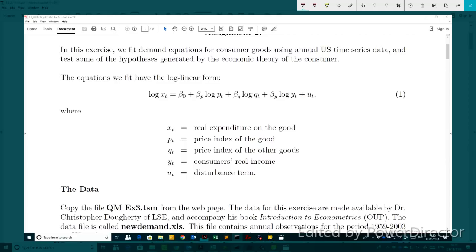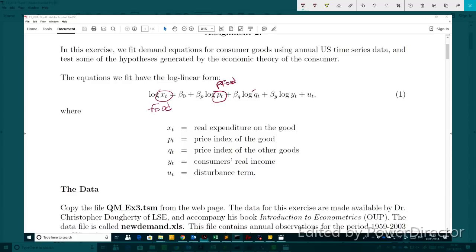And we are asked to estimate this. So let's remember, what does xt here represent? Xt represents the real expenditure. In our case, for the data, because we were using food, this represents log of food. And pt here, what does it represent? It represents p food, or in your case you can say p cat.